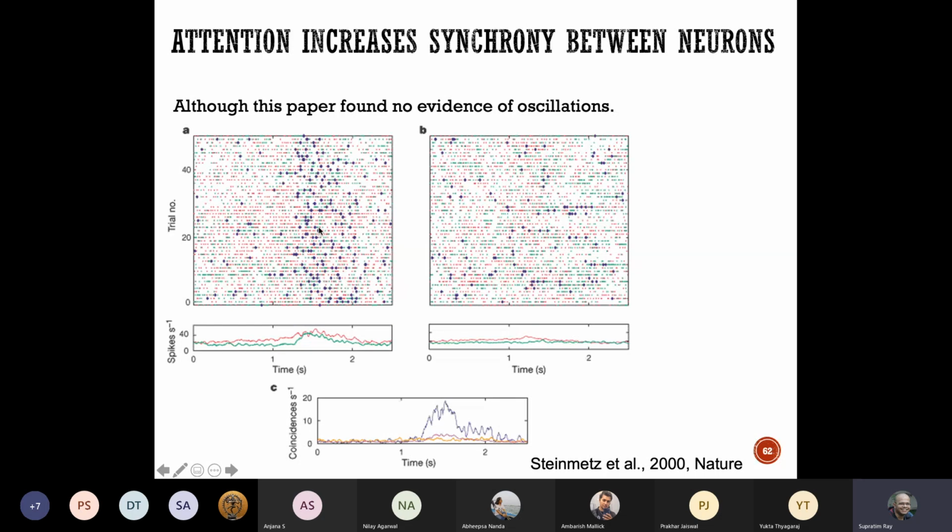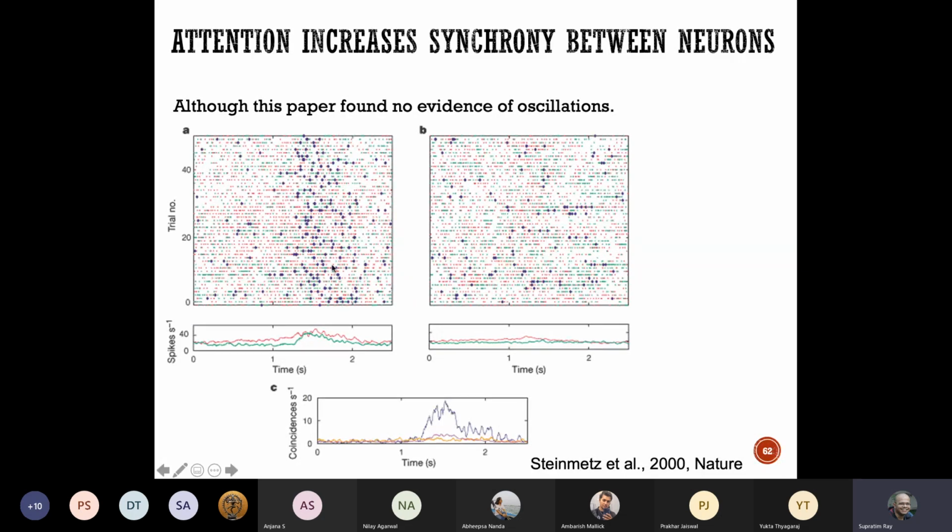And the blue dots indicate the times when both the neurons are firing together. So these are the synchronous events. Okay, and this is the case when the monkey is attending to the stimulus. This is the case when the same stimulus is presented, but the monkey is not paying attention to it.